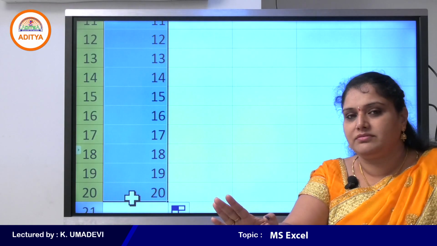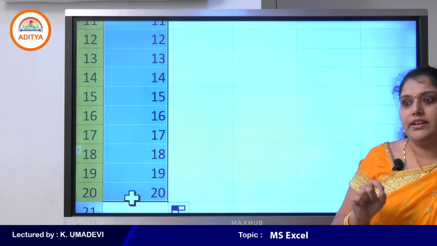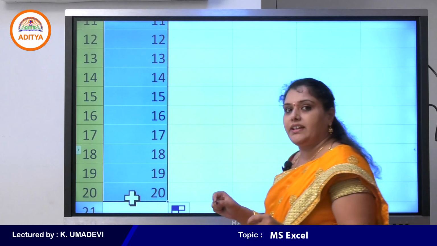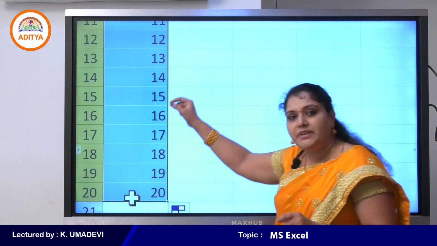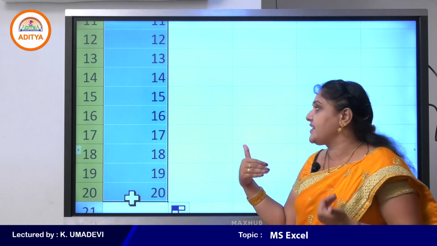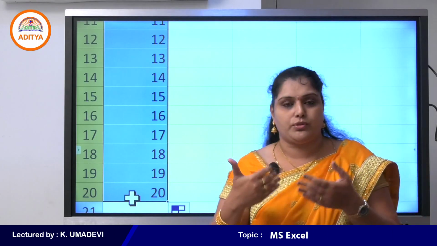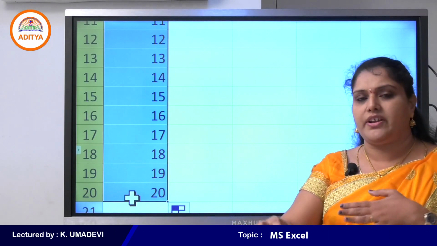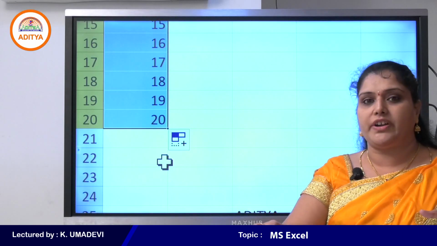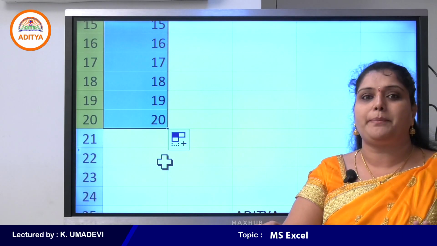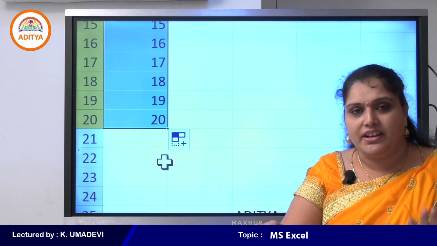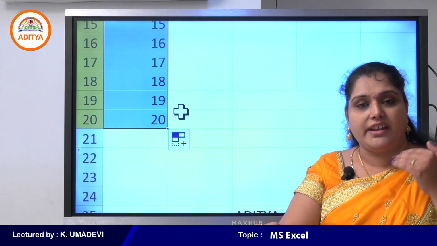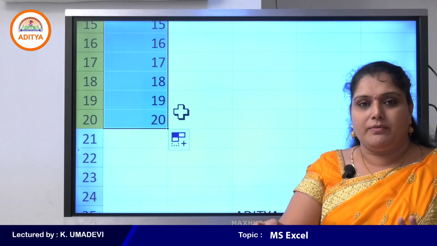What happens here? In this scenario, releasing the mouse click will fill the empty outline cells with the series, that is 3, 4, 5, 6, 7, 8, 9, 10 up to 20. This is called an auto complete list. We can easily fill the next series of numbers. Why?